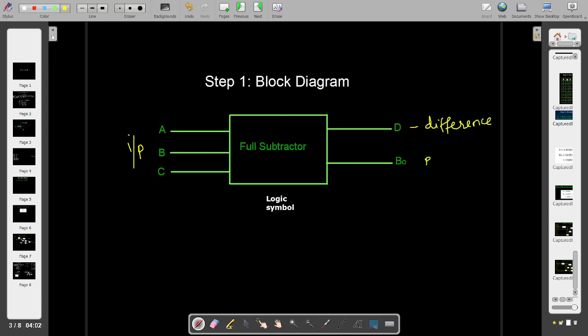And this is the borrow output. So these two are outputs and these three are inputs. And here this last one is actually the borrow from the previous stage. From the previous stage, this comes as the borrow input for this subtractor.